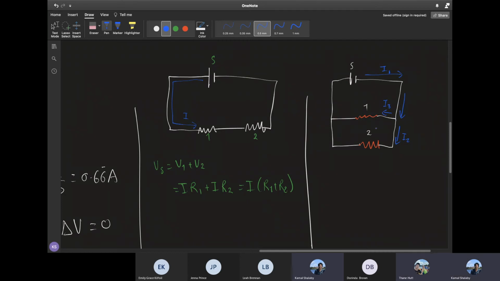Okay, so in this case the potential difference would just equal Vs. Like if this is 2 volts, here the potential difference is also 2 volts, and here it will be 2 volts.